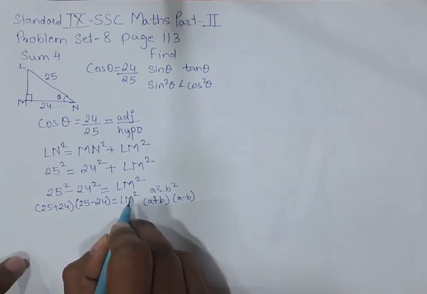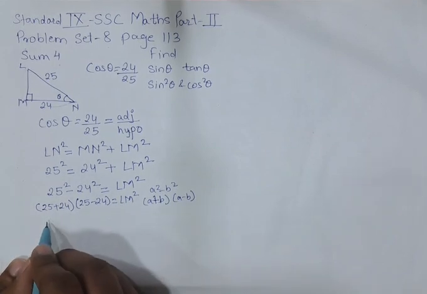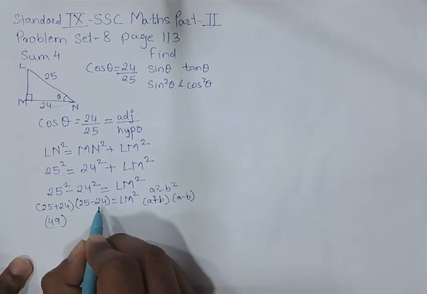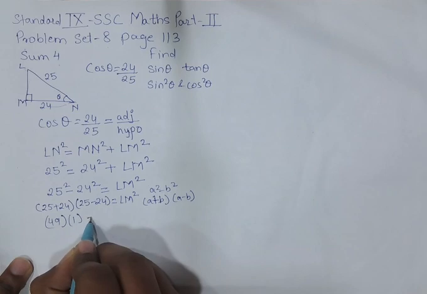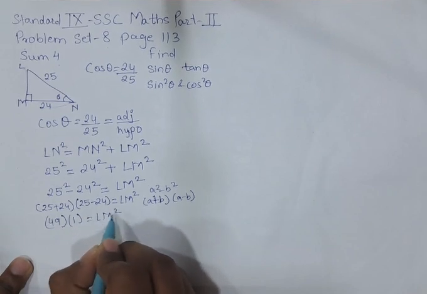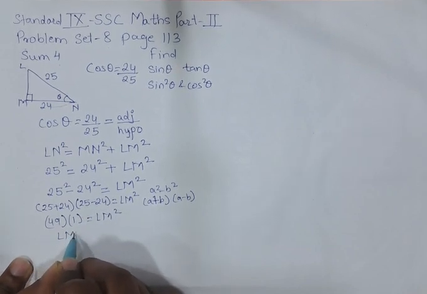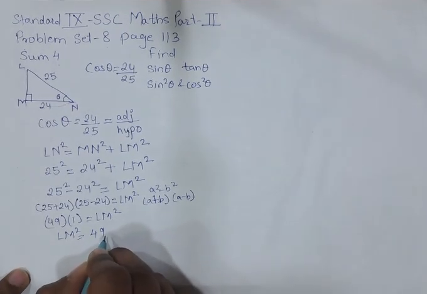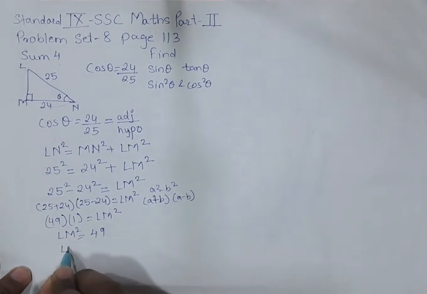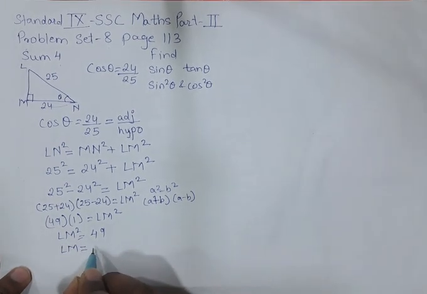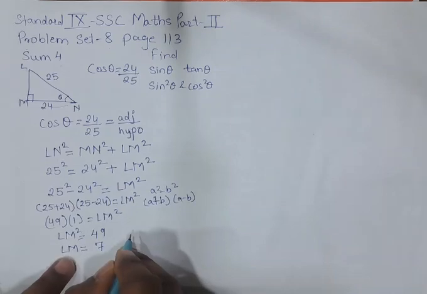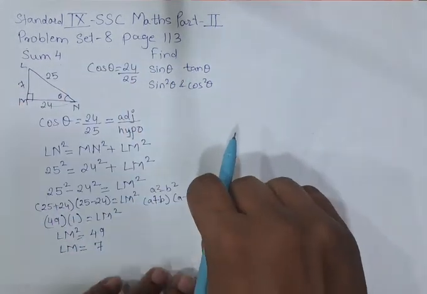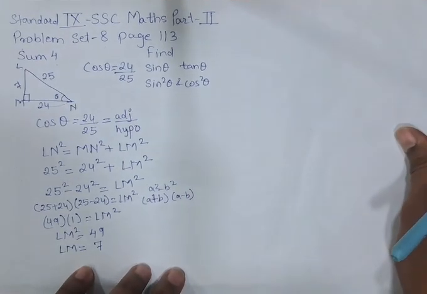So 24 plus 25 is 49, into 25 minus 24 which is 1, equals LM square. So LM square is equal to 49. Taking the square root on both sides, we get LM as 7.